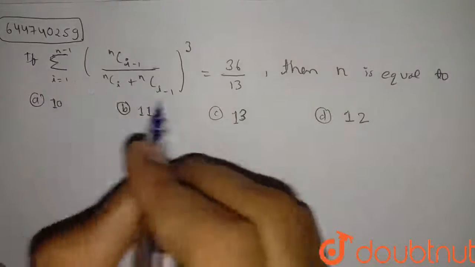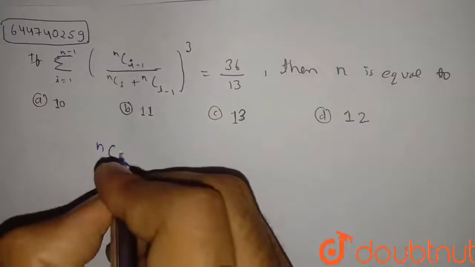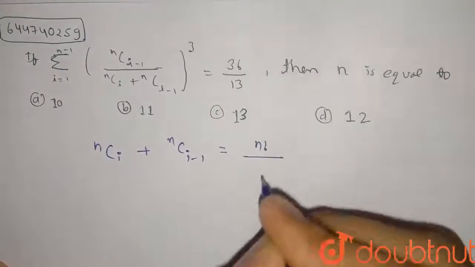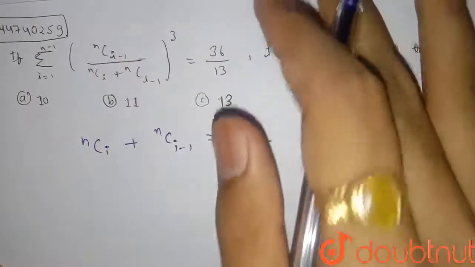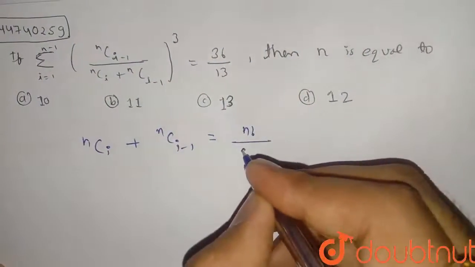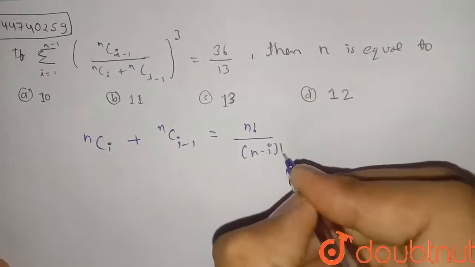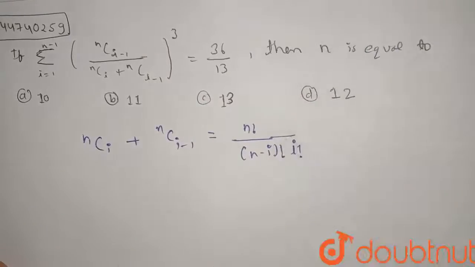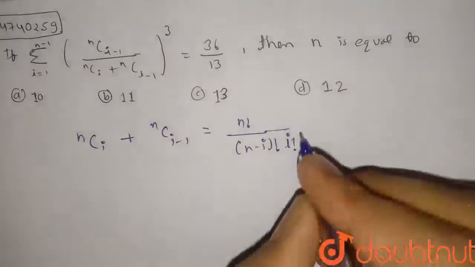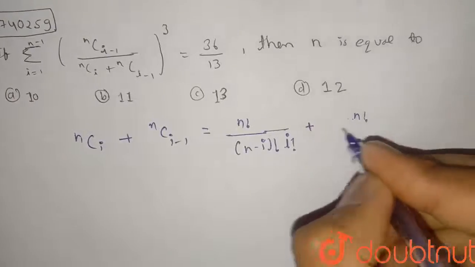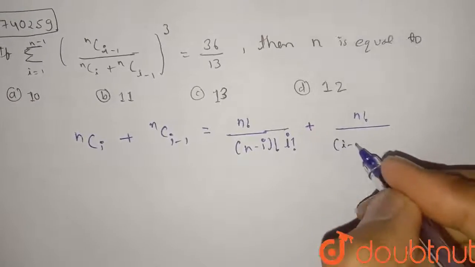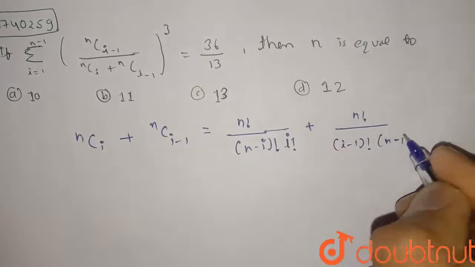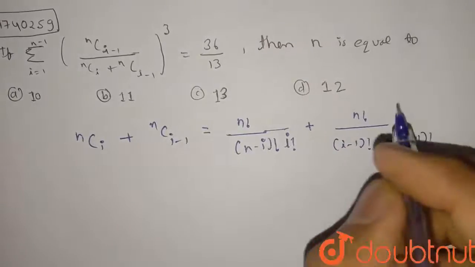Okay, so first I am solving the denominator. The denominator is given as nCi plus nCi minus 1, so it can be written as n factorial upon (n minus i) factorial into i factorial, plus n factorial upon (i minus 1) factorial into (n minus i plus 1) factorial, right?